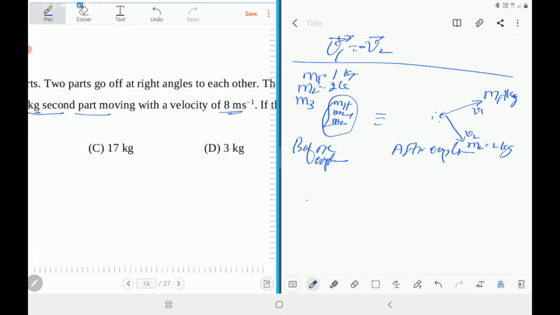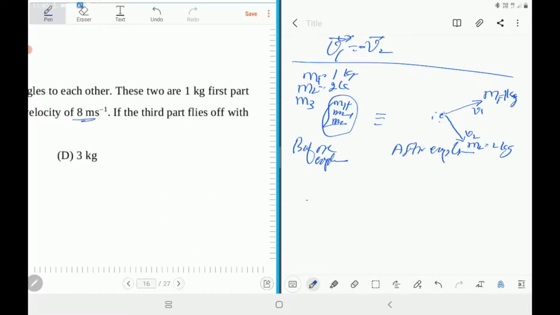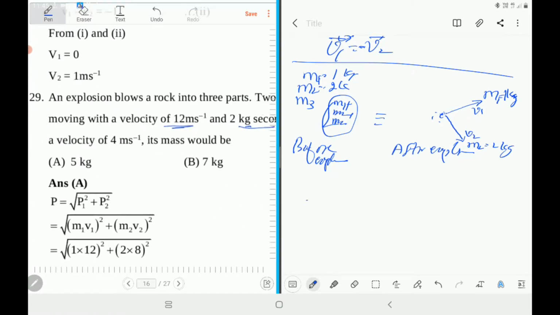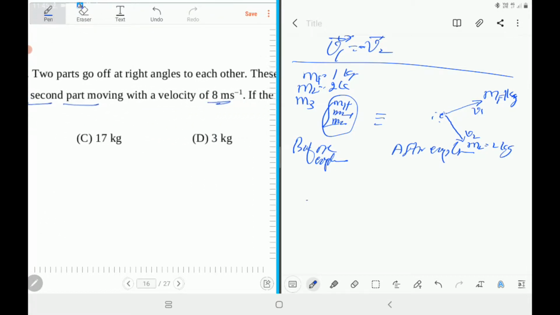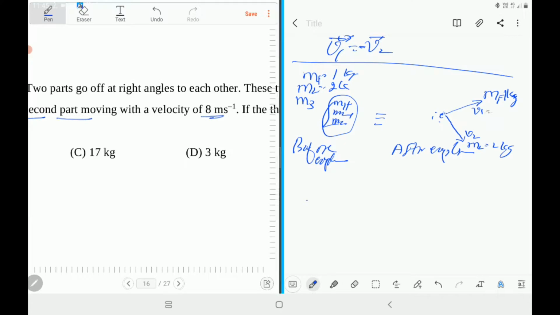He gives velocities also. The 1 kg first part moves with velocity 12 meter per second, and the 2 kg second part moves with velocity 8 meter per second. What about the third one? The angle between the two is 90 degrees.